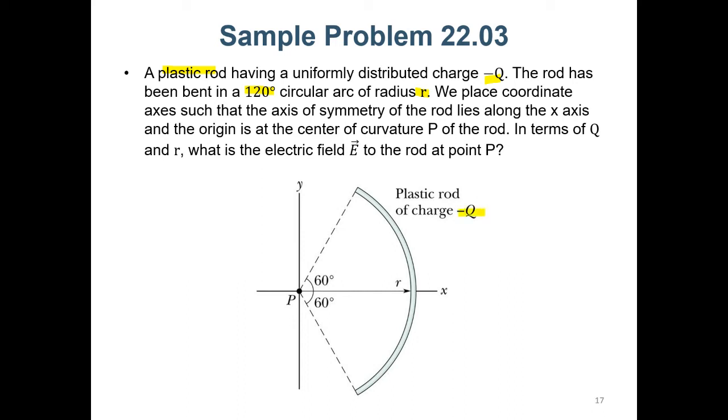So the charge is negative Q. In terms of Q and R, what is the electric field E due to the rod at point P, which is the center of this arc? Just now we calculated the electric field for the whole circle on the z-axis. Now the ring is not complete; it's just a partial arc, and we try to calculate the E field at the center of the arc.